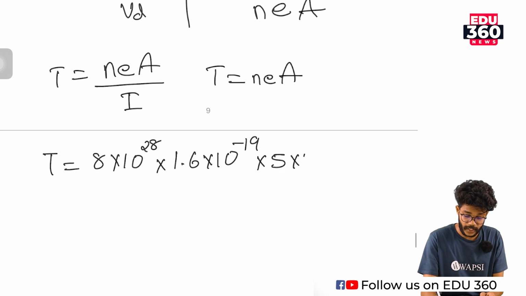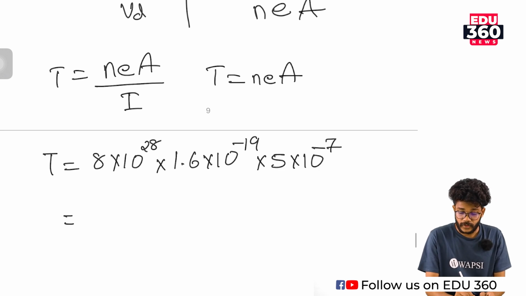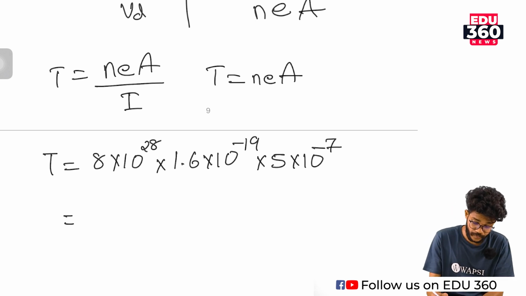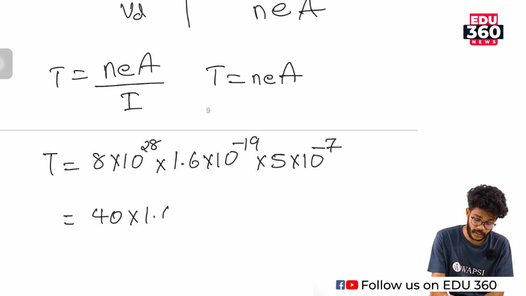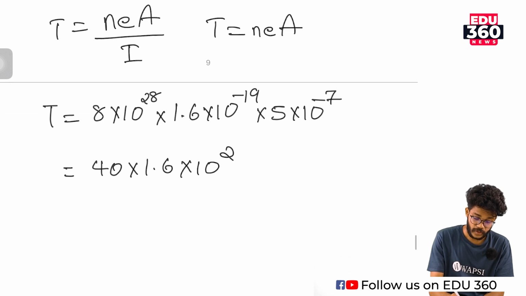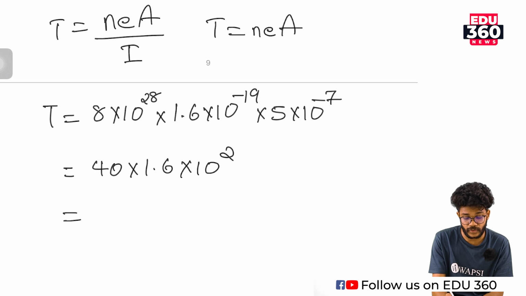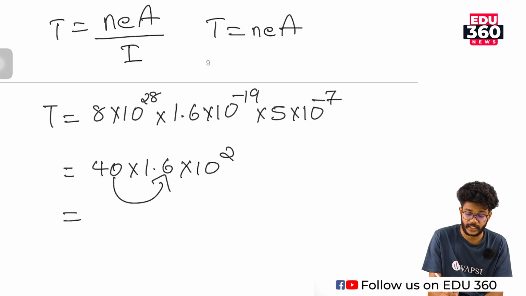So minus 19 minus 7 is minus 26. 28 minus 26 is 2. So 8 into 5 is 40. 40 into 1.6 into 10 raised to 2. So 4 into 1.6, we can take the 10 to this side, so it will be 16. 4 into 16 is 64. 64 into 10 raised to 2.